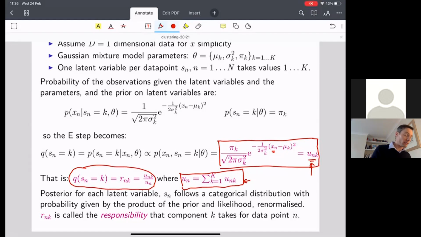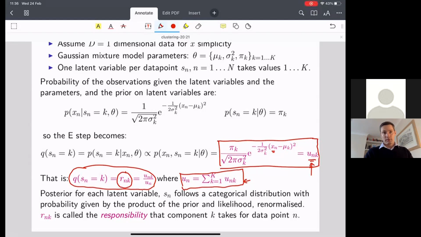And for historical reasons, those things have often been denoted RNK, and they're called responsibilities. You can intuitively think of these as how responsible each cluster is for each data point. So for each of the big N data points, we have big K numbers, and those big K numbers intuitively are how responsible each cluster was for generating that particular data point.